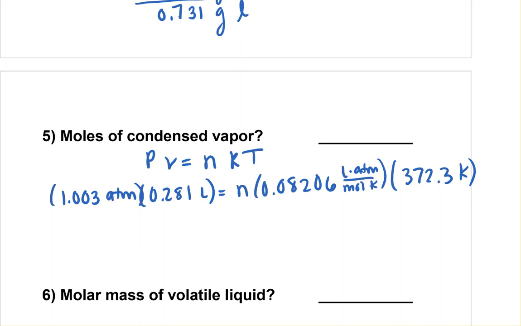Okay, and then remembering our algebra, to get n by itself, I'm dividing both sides by all of this. And if I divide this side by all of that, I get, it should be a small number here.